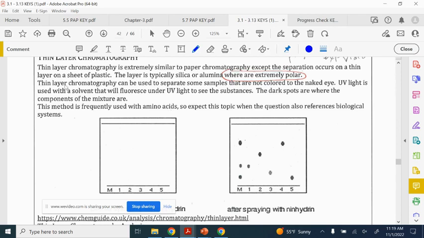It says here that the thin layer one is typically used with samples that don't have color involved.